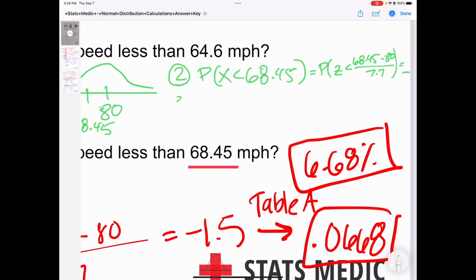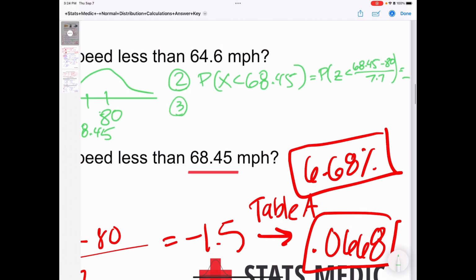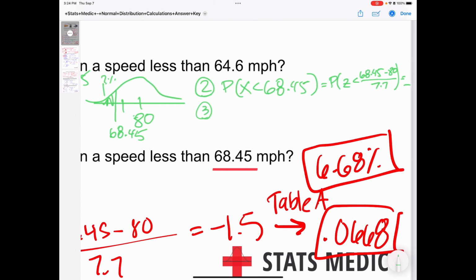So the third step is I'm going to use my table. And if I use my table, I continue and I say that's the probability of, which I just found when I did the math, Z less than negative 1.5. And that is equal to, as we found, 0.068.